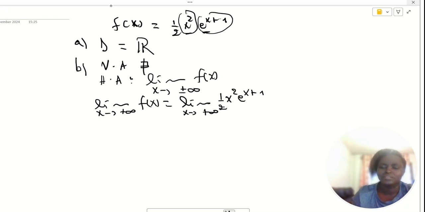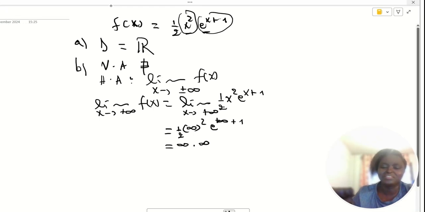This is equal to 1 over 2 infinity power 2 and e power plus infinity, plus 1. So this is equal to infinity times infinity, which is not an indeterminate form.